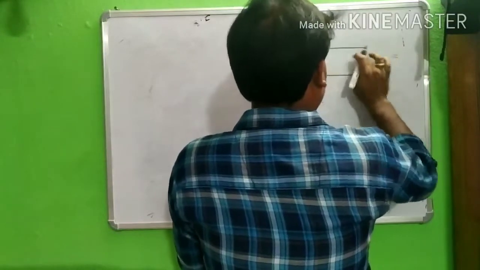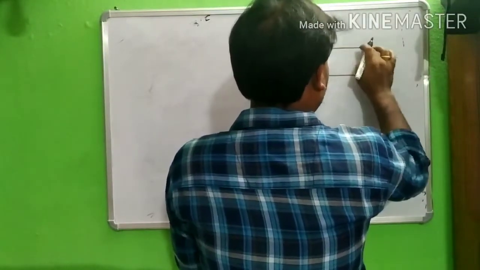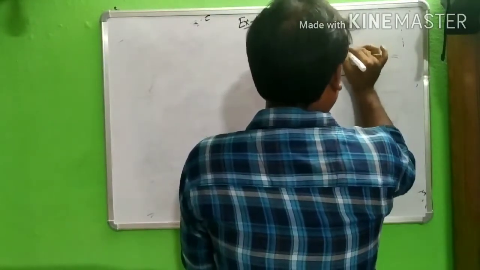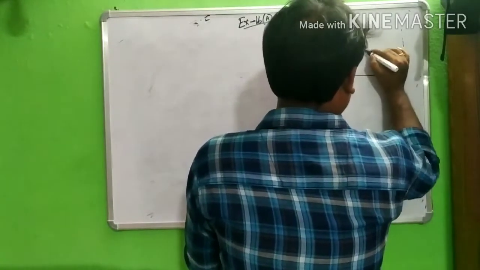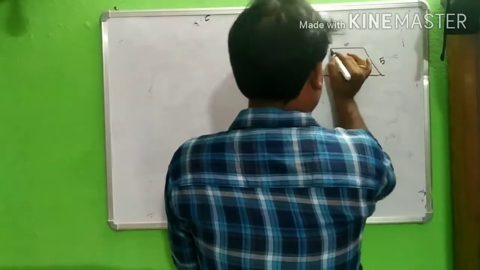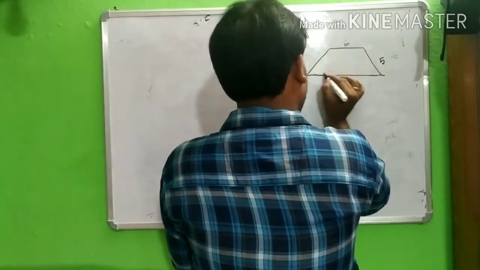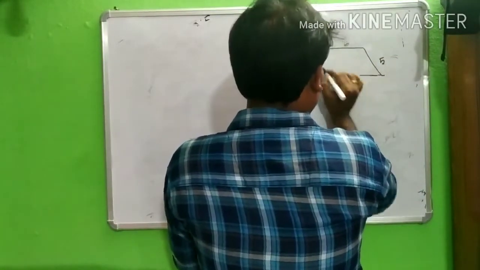The bigger value is 14 and the lower value is 6, in this way.